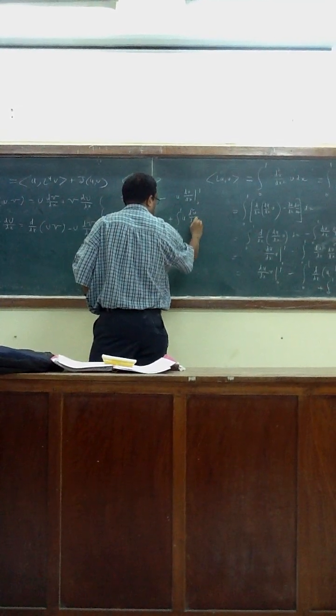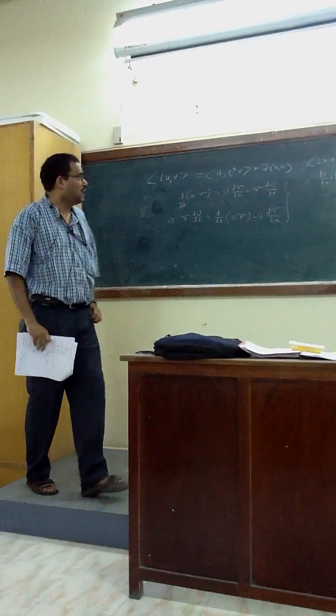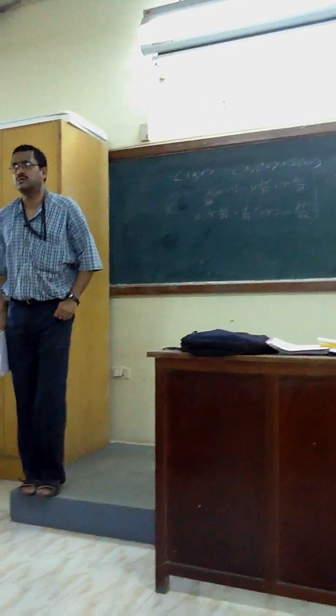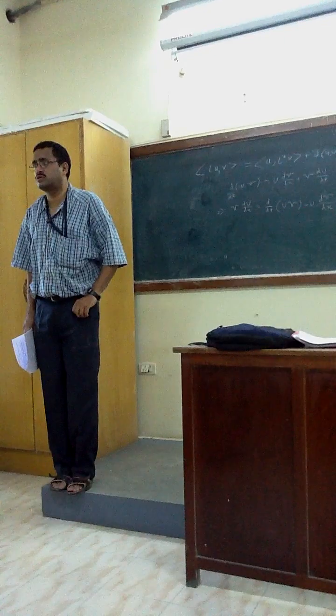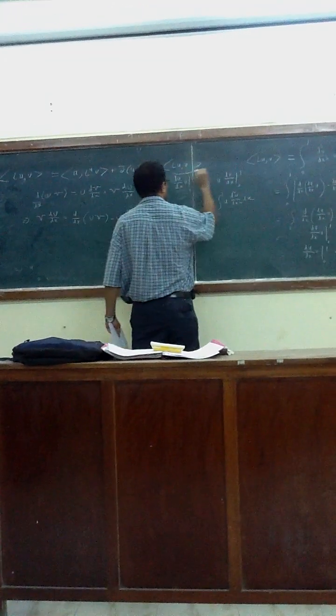I am assuming everything is okay so far. Any doubts? No doubts. This is known as the bilinear concomitant, the extra term. We didn't get this kind of term in vector space.